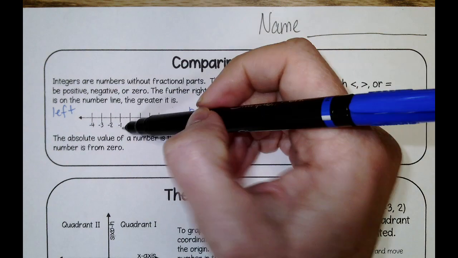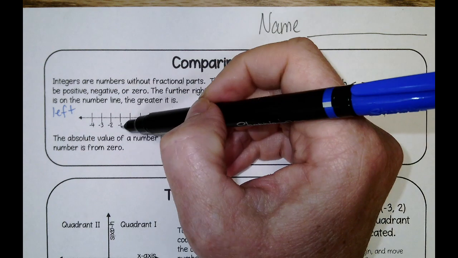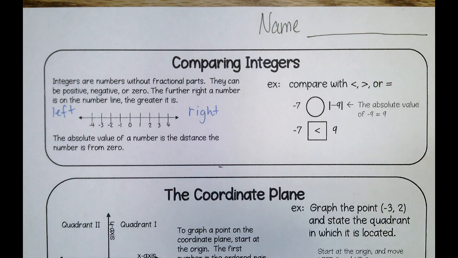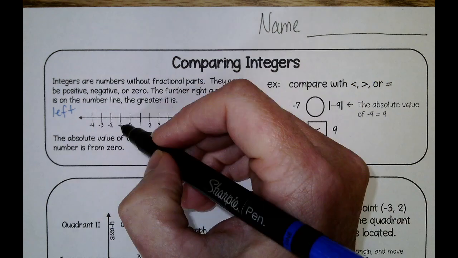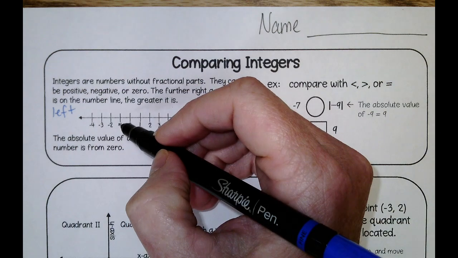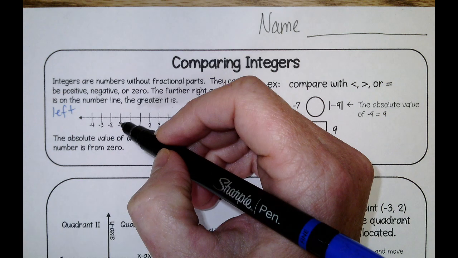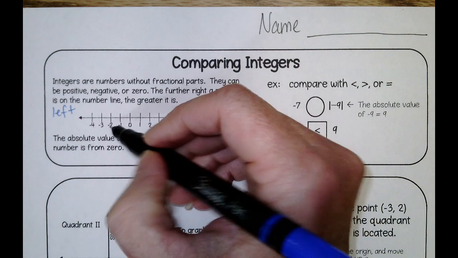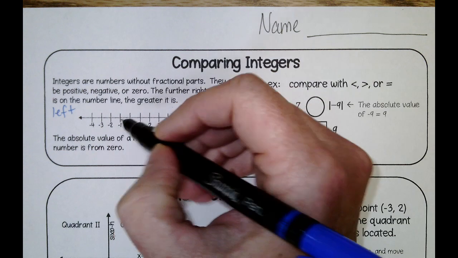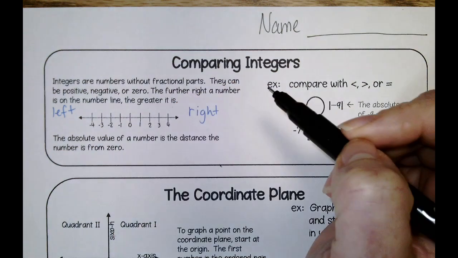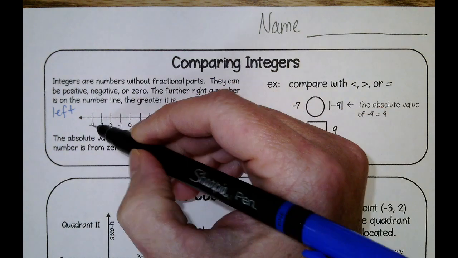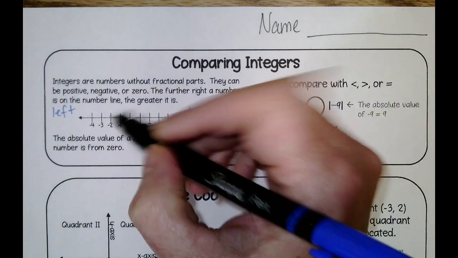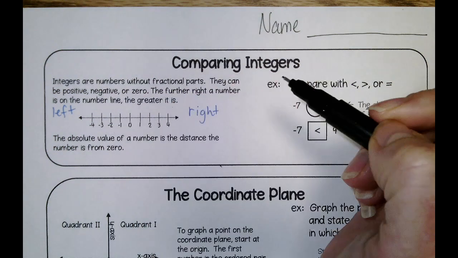Now on the left side, it looks like the same numbers, but these are negative. These represent a deficit or a, what's the word I'm looking for? Debt. Like you owe somebody something. That's what these represent. Or like a borrowed amount. This is also what the negative numbers represent.